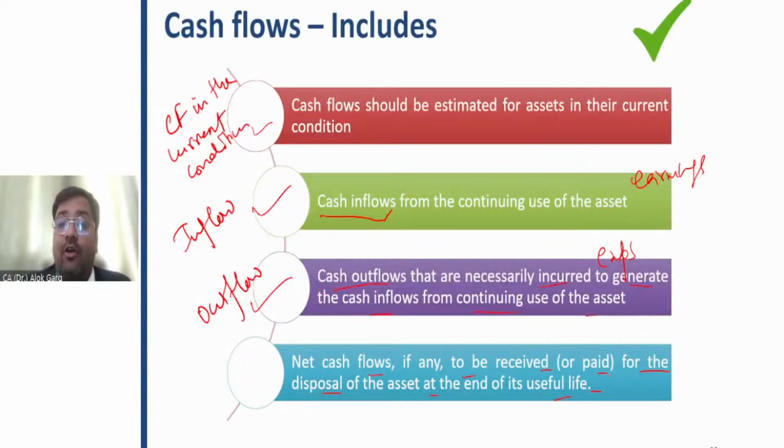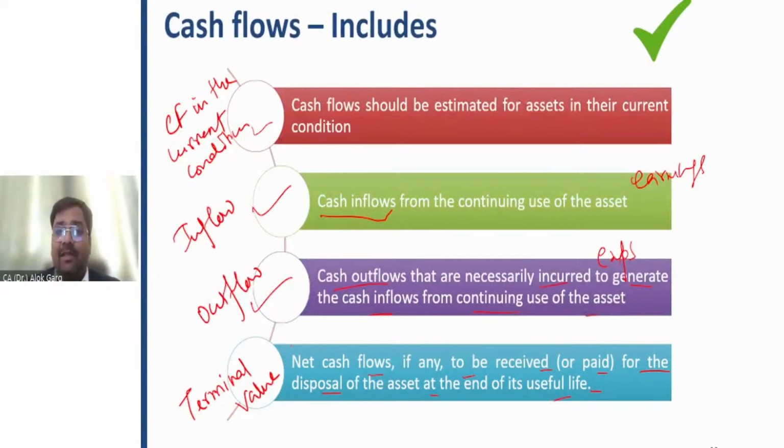So, of course, it is talking about cash inflows during the life of the asset, but at the end of the life, there will be a terminal value. Do you understand what is meant by terminal value? It is the value which you will receive at the end of the life of the asset, right?